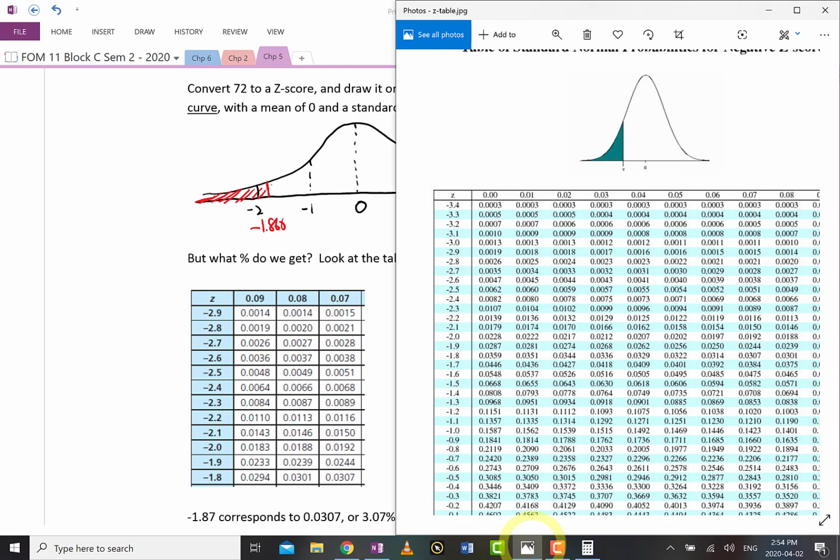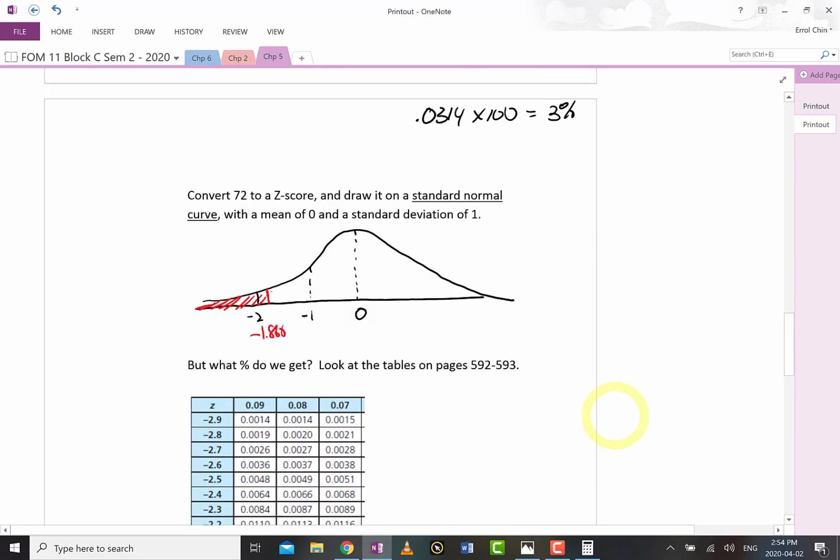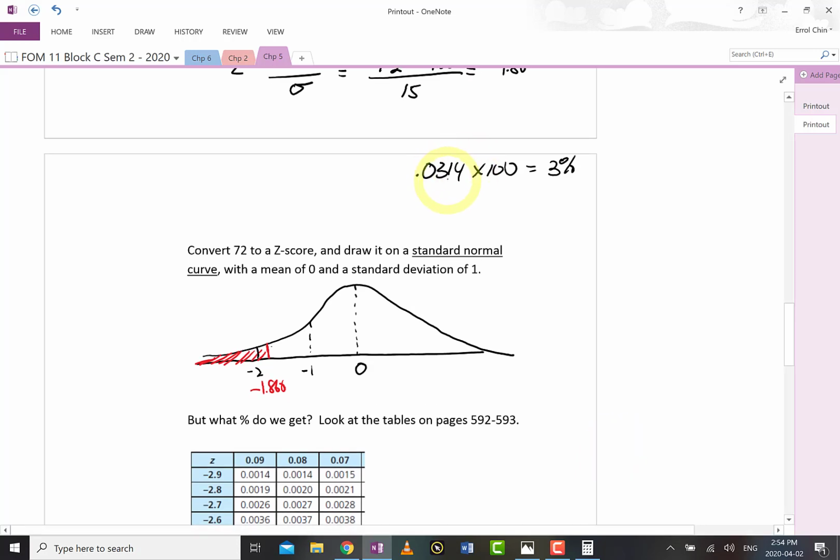So here's -1.8, and then we would go all the way down to -1.86, which is this guy right here. Okay, it says here, therefore, -1.87, they rounded it up, corresponds to an area of 0.0307, and you multiply that by 100 to get 3.07%. Therefore, the probability of an IQ of less than 72 is less than 3.07, and in my worked out example, I have around 3.1%. Okay.